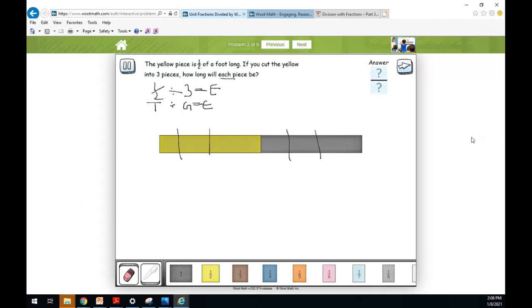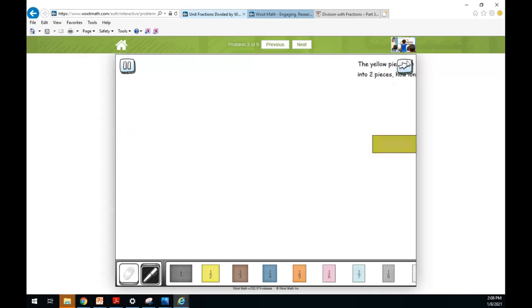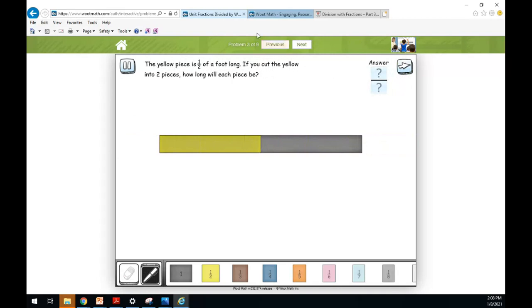I'm going to count the total parts. 1, 2, 3, 4, 5, 6. I have 6 parts. Then, okay, if I have 6 parts, my answer is going to be 1/6 because I'm dealing with 1 out of the 6 pieces. Let's see if our answer is right. Woot woot! It was right. Okay. All right. So that is this one.